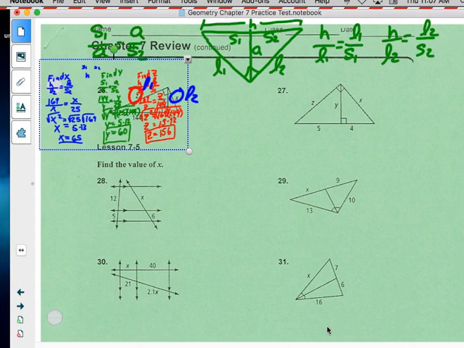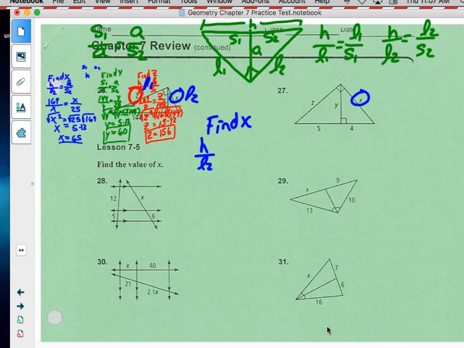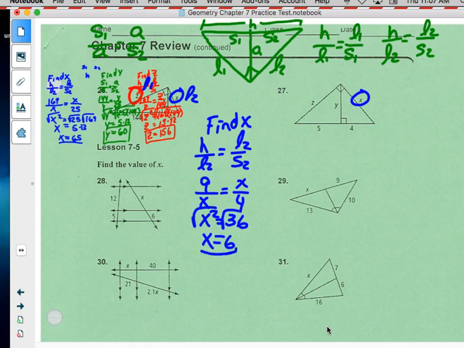And that's in 27, and the same stuff's going to get used. So X again is L2 in this case, so finding X. I've got H, L2, L2, S2. H is 5 plus 4, which is 9. L2 is X. S2 is 4, so I got X squared equal 36, so X is equal to 6 after I take the square root of both sides.